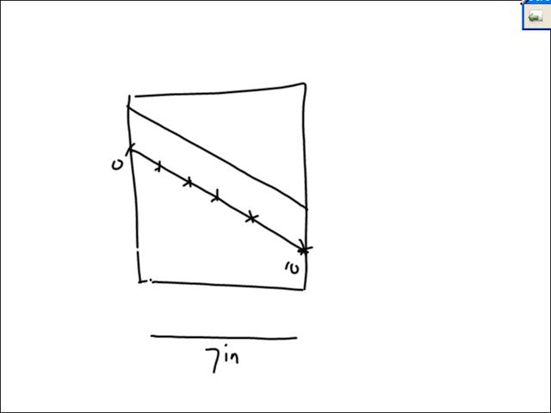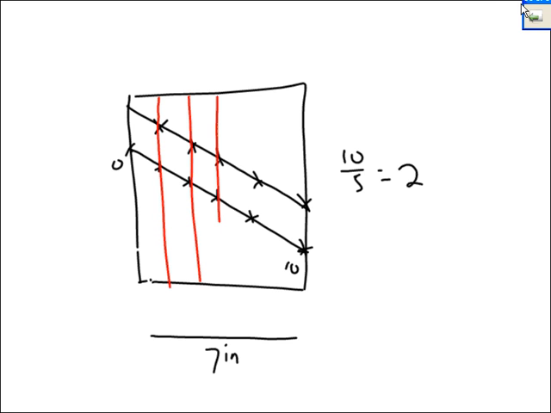And I go 2 inches, 4 inches. 10 divided by the 5 portions I want is 2. And now using my straight edge or ruler, I connect those X's. And I just cut this paper into 5 equal pieces, which is pretty neat in my opinion. Neat enough where I remembered this. And I'll remember this for the rest of my life.